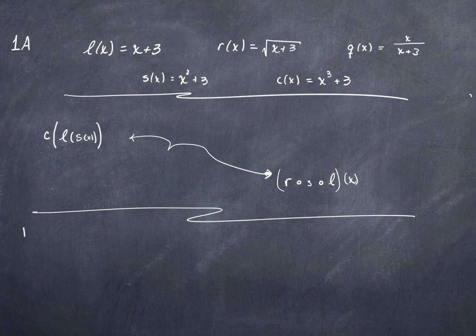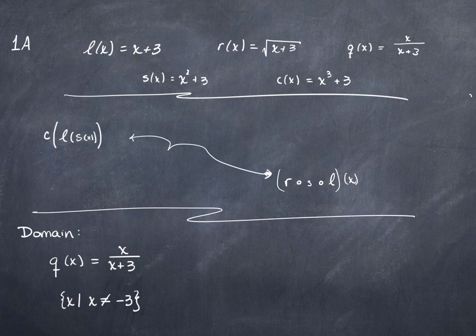The other has to do with domain. My hope is that you remember how to find the domain of a function, and I'm going to go with the function q of x, which is equal to x over x plus 3. The domain of this function is the set of all real numbers x, as long as x is not equal to negative 3.